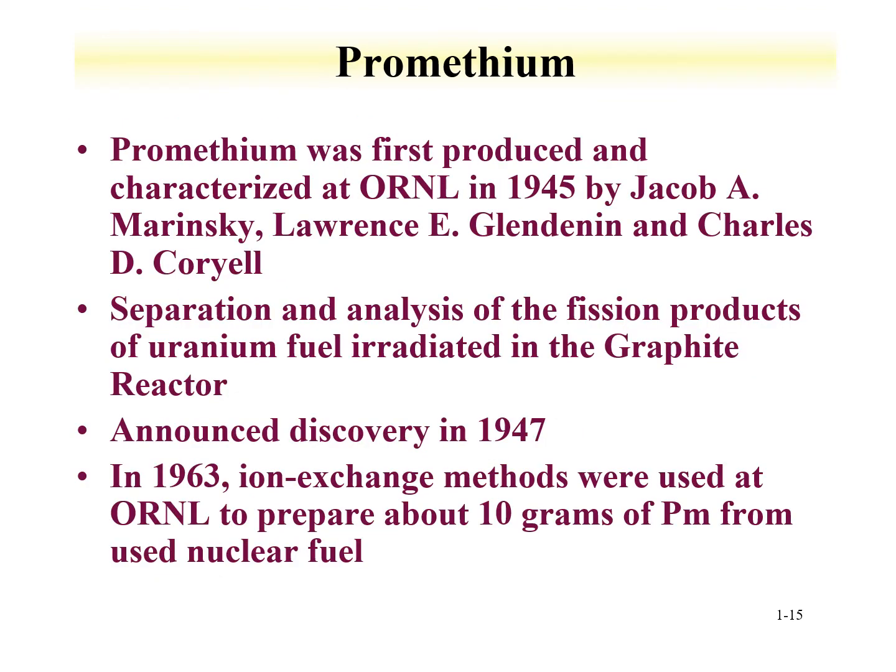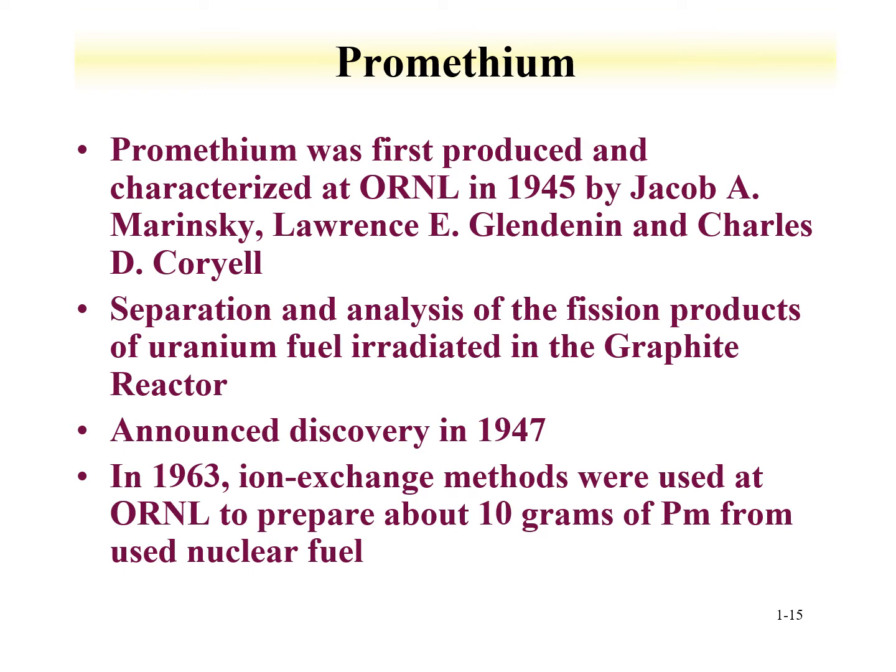Promethium was first produced at the Oak Ridge National Laboratory in 1945 by primarily Coryell and others listed here. It was from a fission product. There was a lot of work going on in understanding the reactions of fission, getting materials from the fission, including plutonium, separating out the lanthanides. It was known that there was a gap in the periodic table.